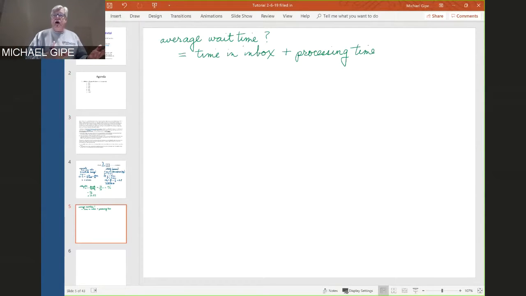Sometimes they'll be asking how long does a customer have to wait before they get entered into the process. In this case, how much time do they have to wait between when they sent the email and when they get the response back? So there's the 2 parts of that, the queue time plus the processing time. Let's first look at the time in the queue.